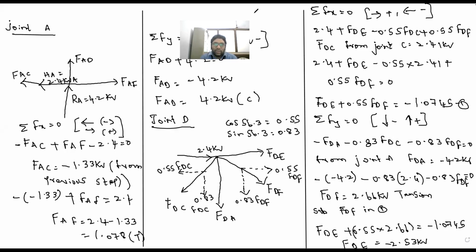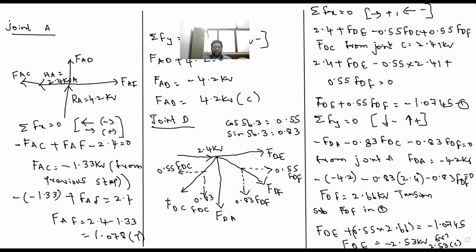Minus 2.53, and that is compression. Correct. 2.53 and compression. Okay. So you can write it as 2.53 bracket compression.